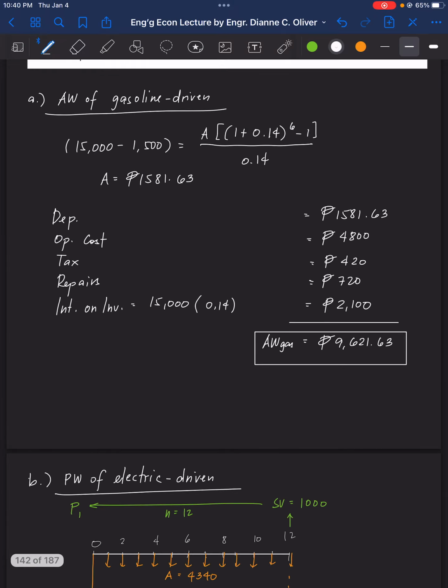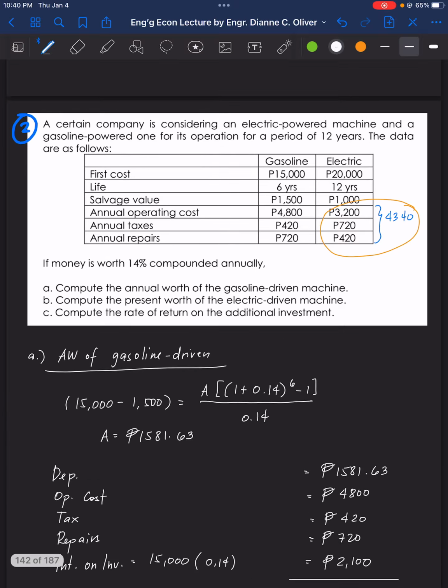Let's go to the electric powered. 12 years, 1,000.